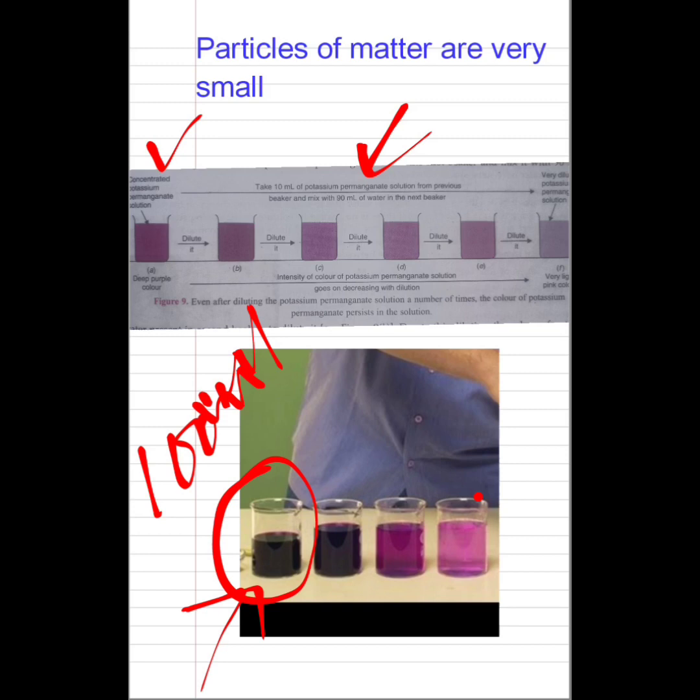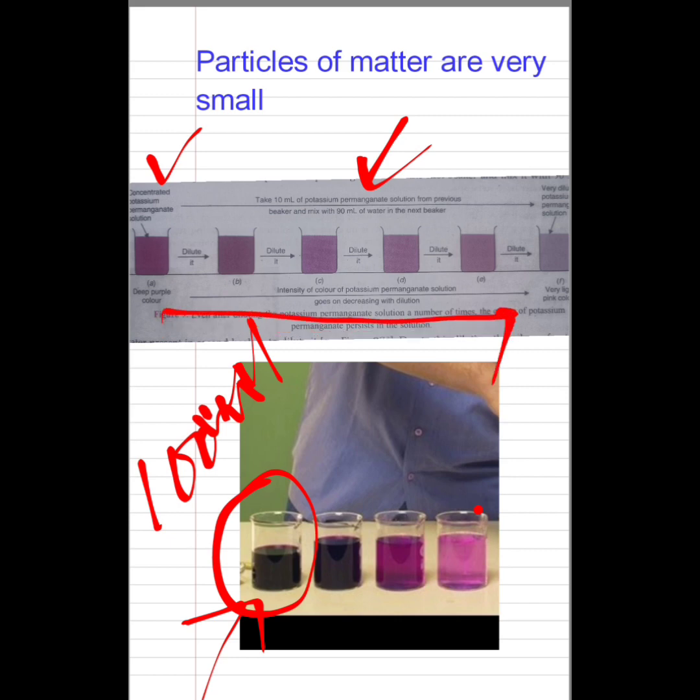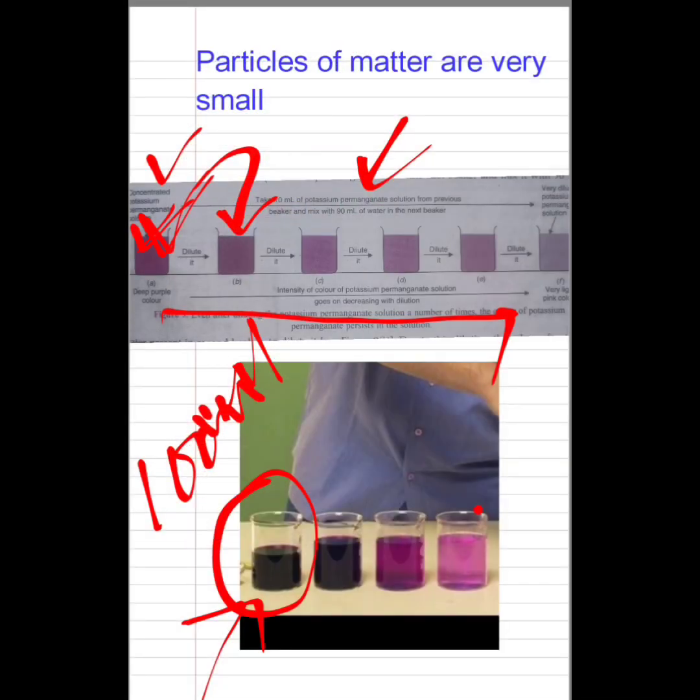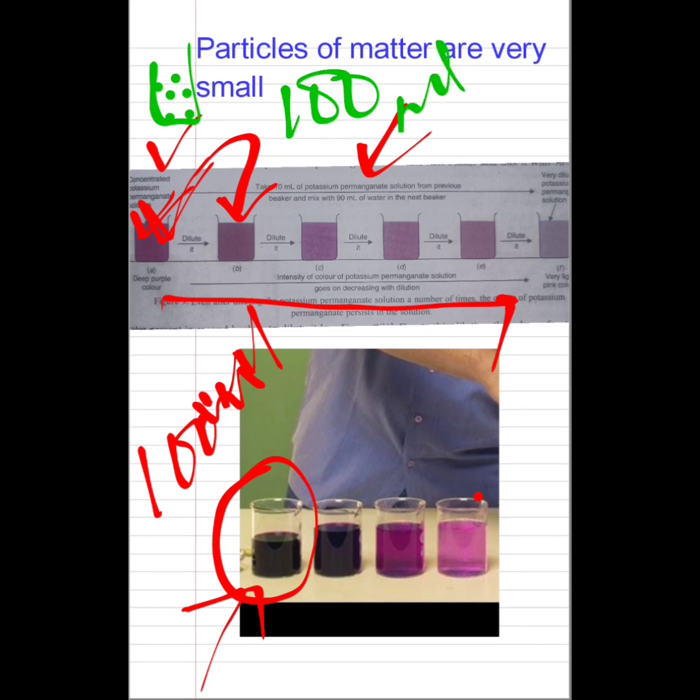Now we will gradually do a process. We will take 10 ml of this deep color potassium permanganate solution and put it into another empty beaker, and we will add 90 ml of water. So what we are doing is, at first we are making 100 ml of concentrated deep color potassium permanganate solution in a beaker.